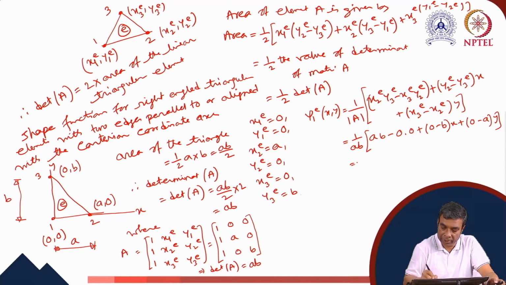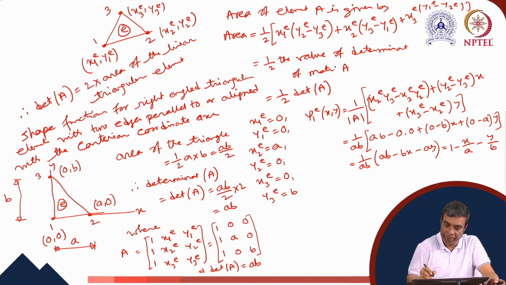So this gives us 1 by ab into ab minus bx minus ay. This can be written as 1 minus x by a minus y by b.